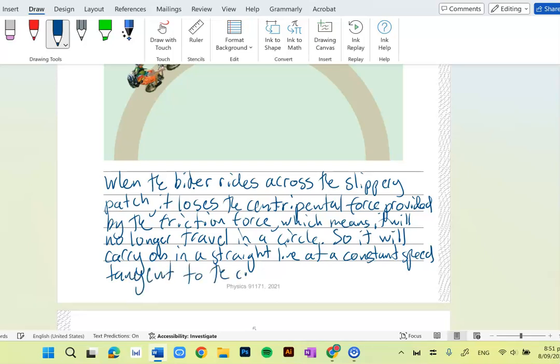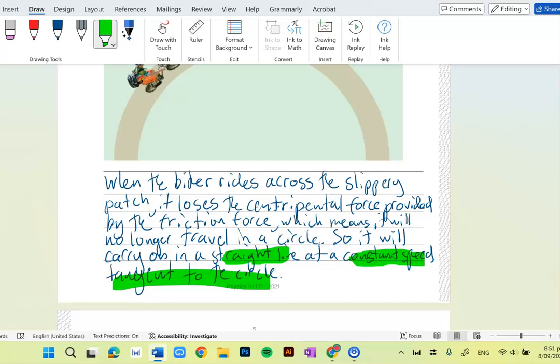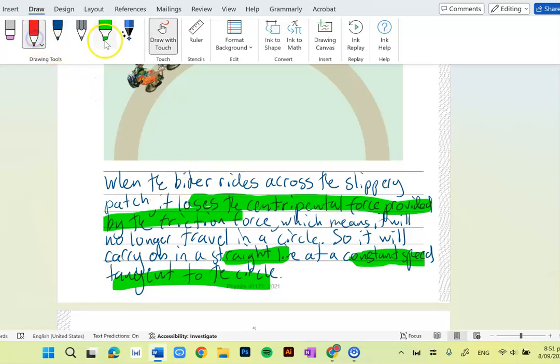Okay, now the key words that we want to be covering is constant speed, straight line, tangent to the circle, and this part here. Okay, those are the key parts that we need to discuss. If we have all of this green, if you've talked about pretty much these green parts, all of them, you'd get a merit grade.